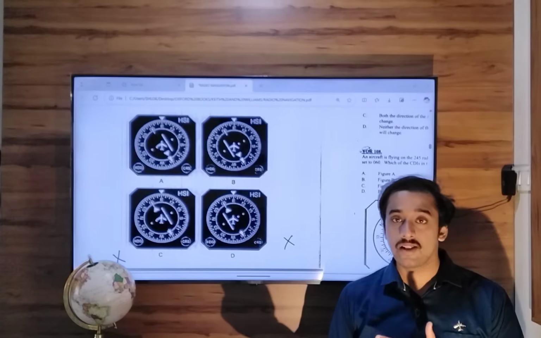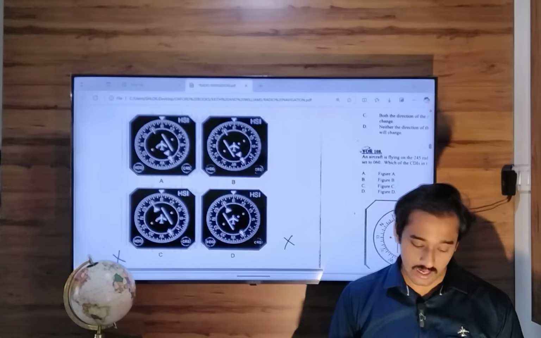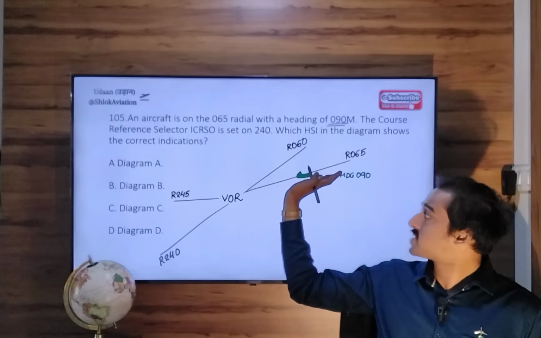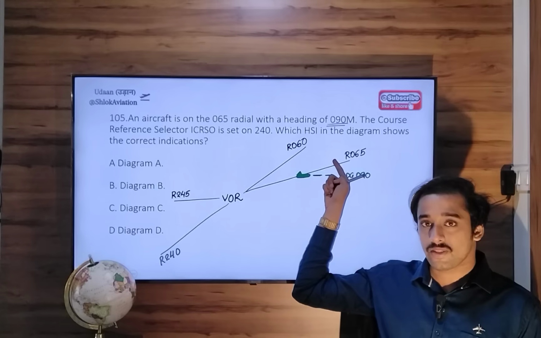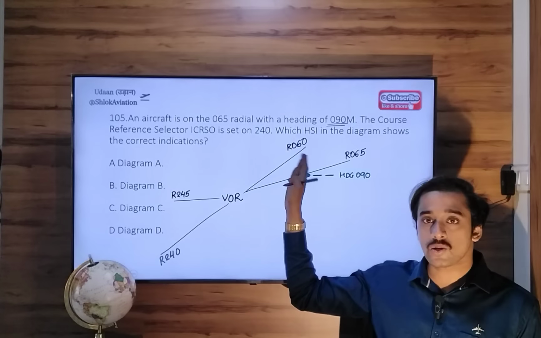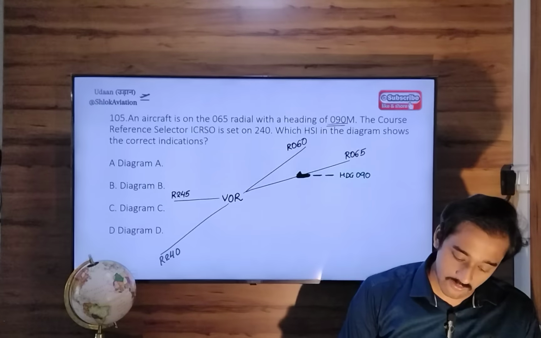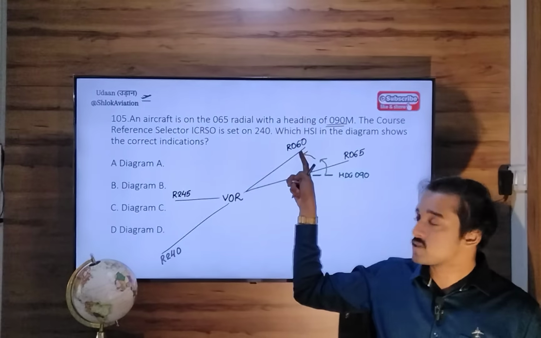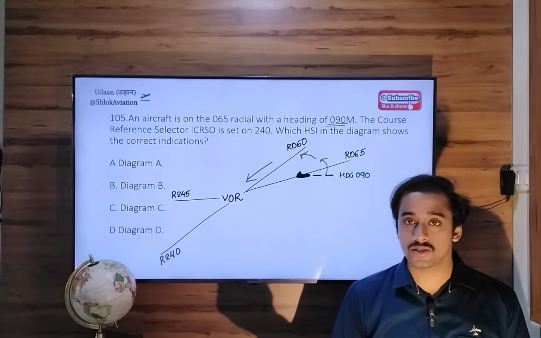Now, whether the needle will go to the right hand side or to the left hand side. From the current position, we are on a heading of 090 on radial 065. To go to radial 060, we will have to make a left turn, and then go to 060 and track inbound radial 060.